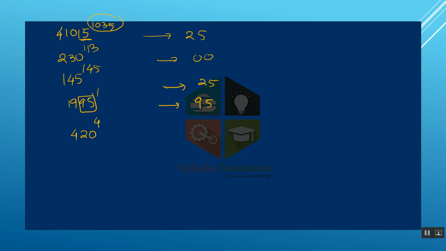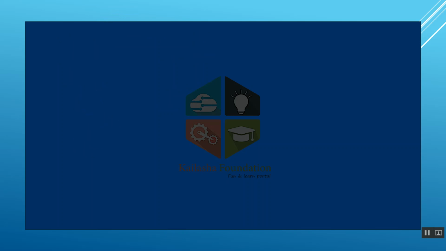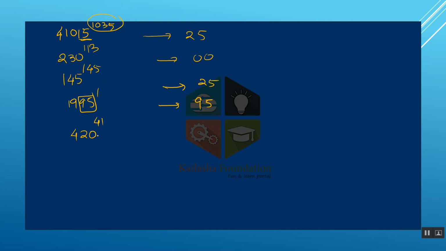420 raised to the power 41. Doesn't matter, it is 40k plus 1. It is 2 into 210. It is not an odd number, and nor is it ending in 5. So we are not going to apply that rule. In fact, that rule is a bit complicated. We have a direct answer. This number is ending in 0 and this is greater than 1, so the answer is 00.